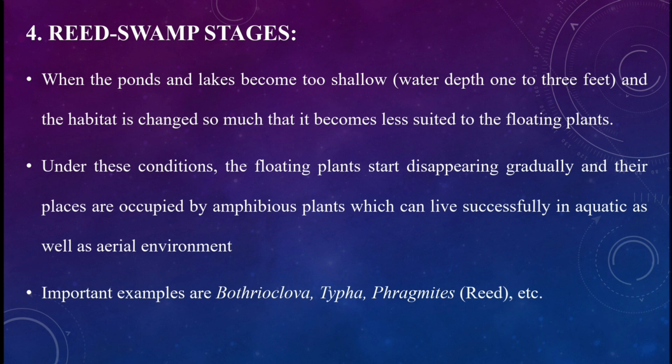Under these conditions, floating plants start disappearing gradually and their places are occupied by amphibious plants, which can live successfully in aquatic as well as aerial environments. So important examples are Butomus, Typha, then Phragmites, which is otherwise known as reed. These are the plants which appear in reed swamp stage.